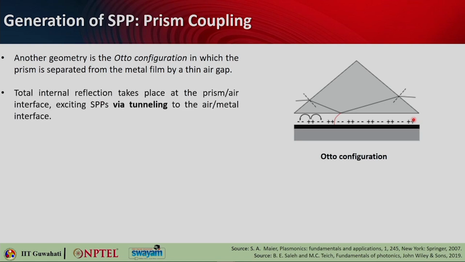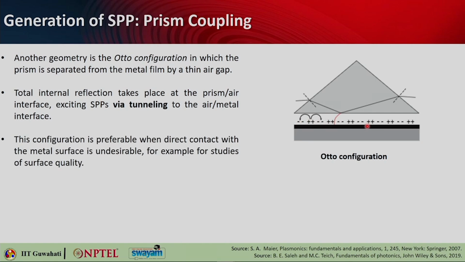Now, in such a case what happens, again total internal reflection takes place, and then the SPP excitation on the metal air interface takes place via tunneling to the air metal interface. So, from here to here the excitation has to tunnel, and then you can excite the surface plasmon on the metal air interface.